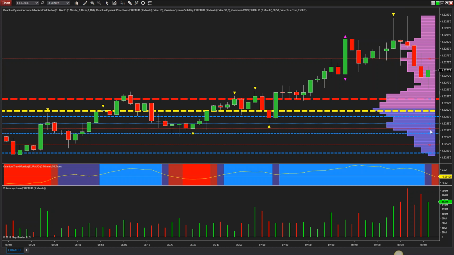These other guys here have been tested several times. This has been tested 4 times. This is a very strong region here. So from a trading perspective, if you're looking to jump into this short as a scalping trader, the question you've got to ask yourself is, is this trade within my risk parameters? Am I comfortable taking this trade? In other words, how much opportunity is there to make money here?